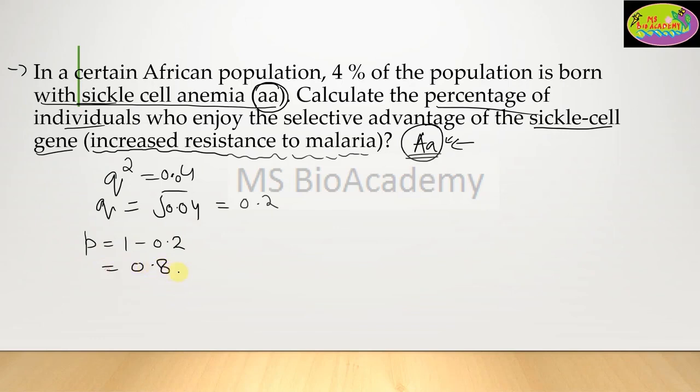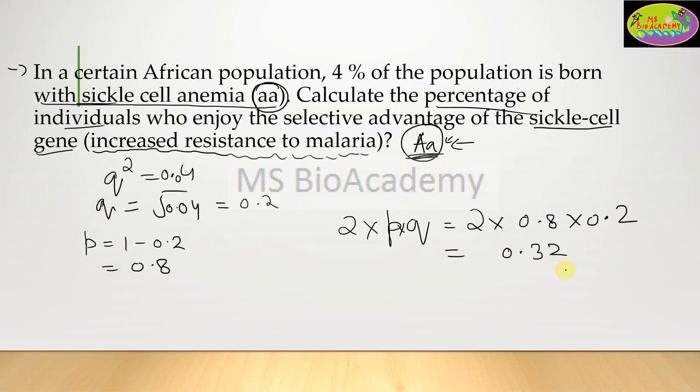Correct? Now next, what we have to do is find the heterozygous allele frequency. So simple, just do 2pq, 2 multiplied by p multiplied by q. So 2 multiplied by p, which is 0.8, multiplied by q, which is 0.2. This gives you the value of your heterozygous frequency, which comes to 0.32.